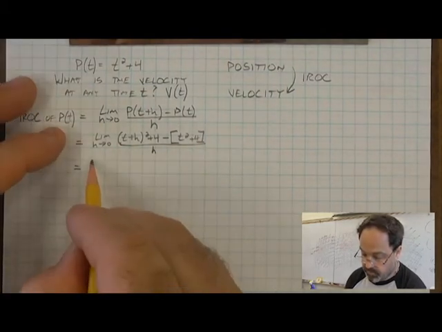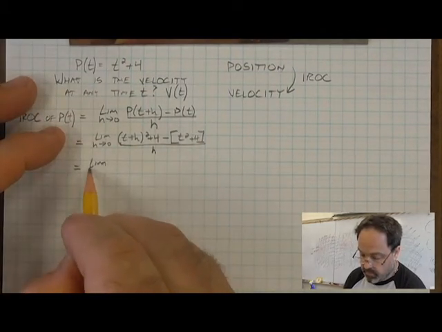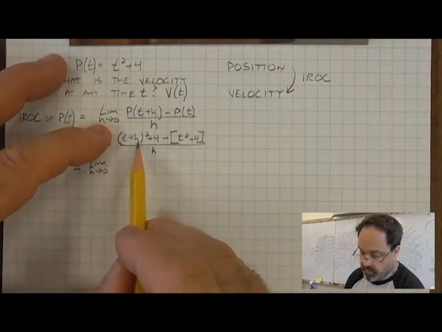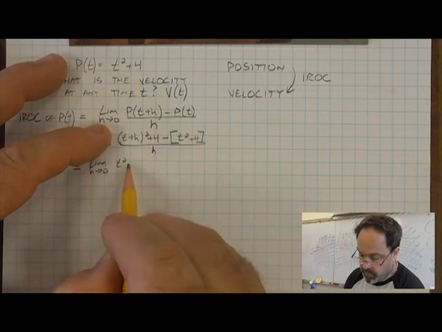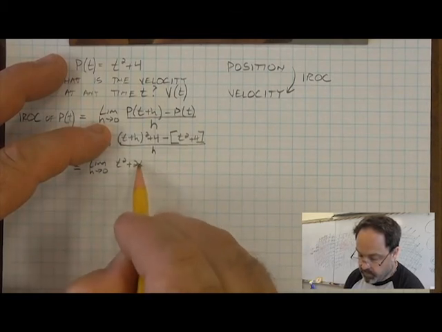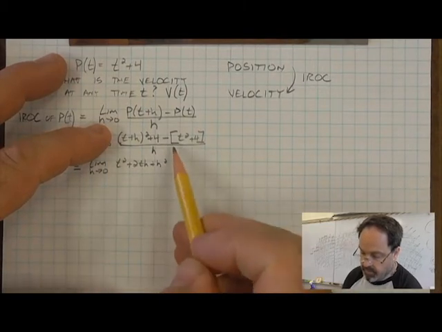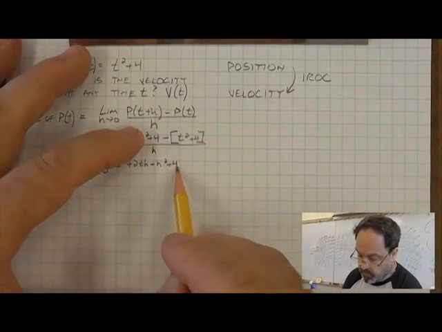Next line of work, we're still taking the limit as h goes to 0. I'm going to distribute the (t + h) all squared: t squared plus 2th plus h squared. Don't forget the plus 4.